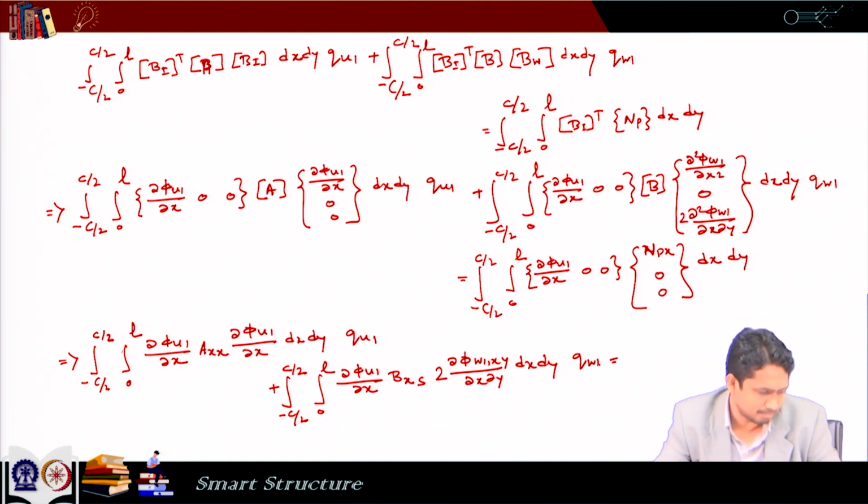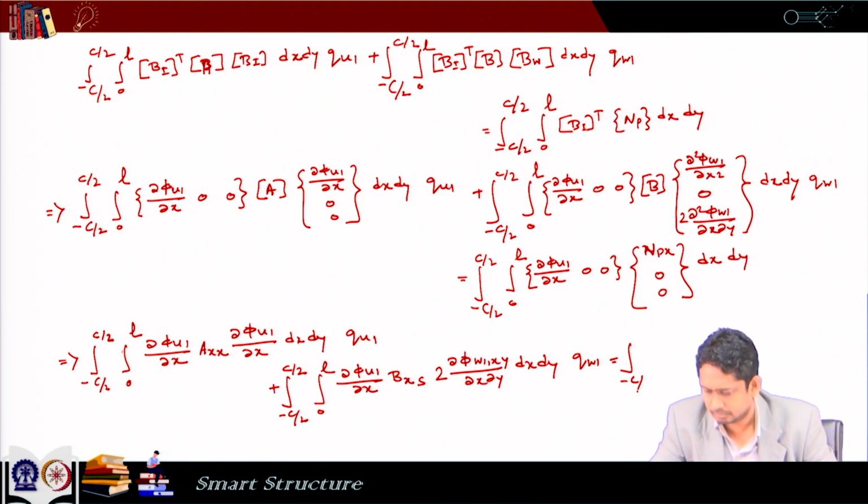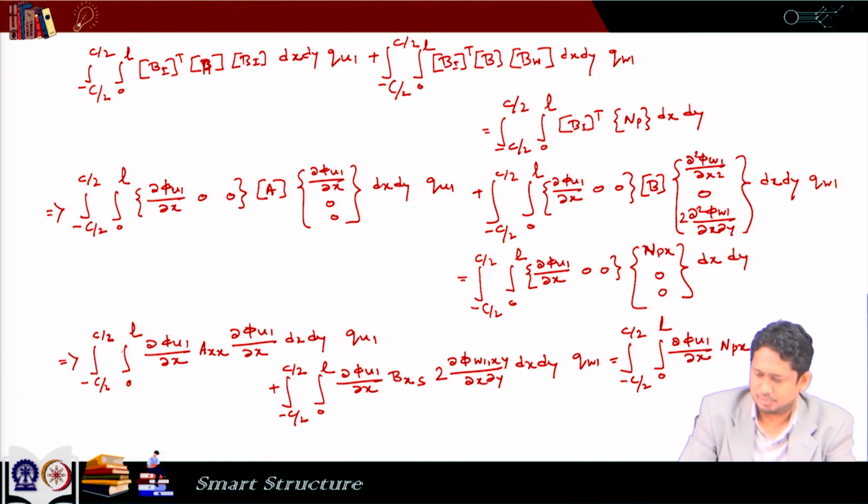Finally, at the right hand side we have minus c/2 to c/2, 0 to L, del phi u1 by del x Npx dx dy. So, there is one equation where qu1 and qw1 are the unknowns.